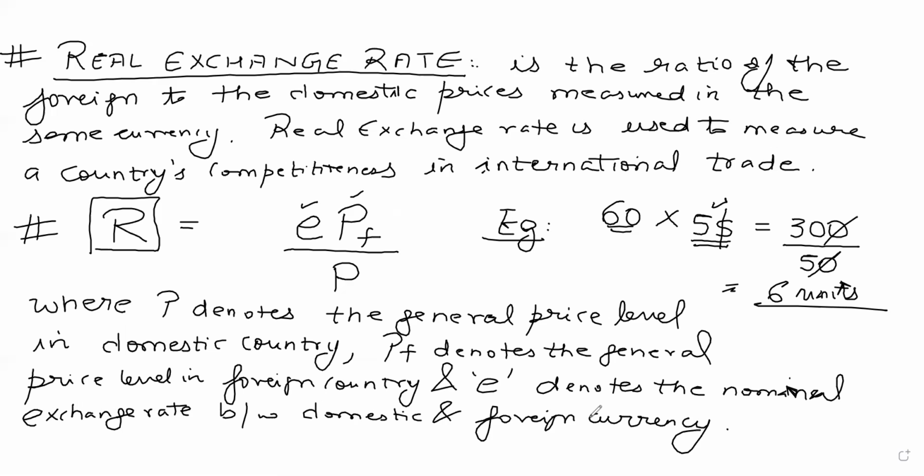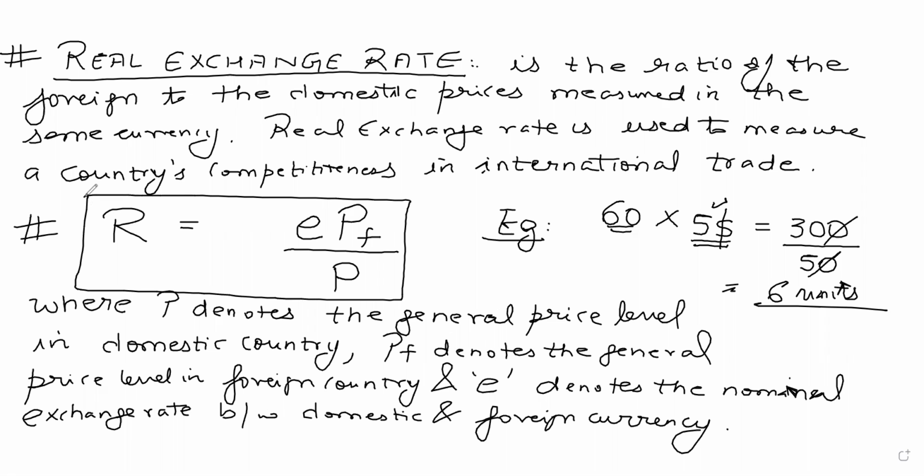So hoping that students have understood this. Okay. I hope all students are now clear with the concept of real exchange rate as well as the formula. So we can say that real exchange rate is nothing but E into PF divided by P.